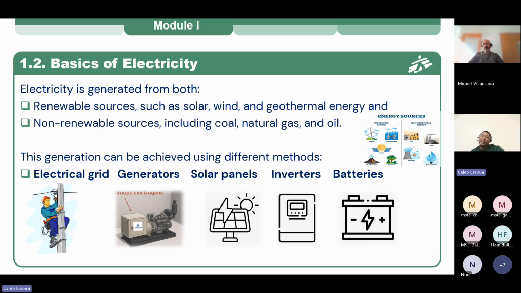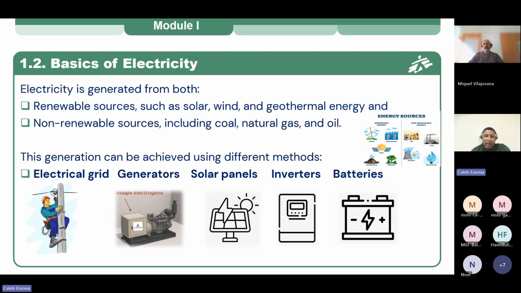Knowing that electricity, it is also time to know how it's generated. Basically, electricity is generated from both renewable sources, such as solar, wind, and geothermal energy, and non-renewable sources like coal, natural gas, and oil.